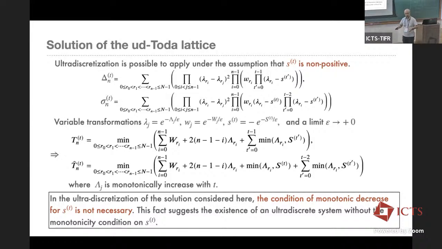So in some sense, this fact suggests something. It means the existence of some ultra discrete limit without using this monotonicity condition on S of t. Some good system might exist.